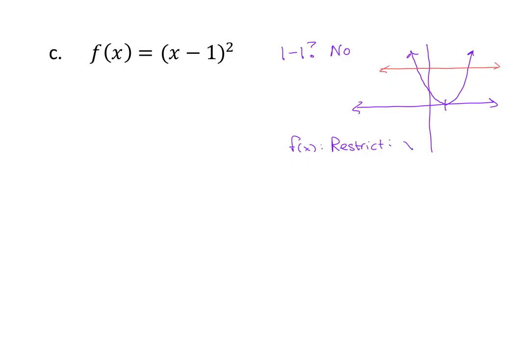So I'm going to say x is greater than or equal to 1. Visually, this gets rid of this side of my parabola, and now it is 1 to 1. Since it is 1 to 1, we can go ahead and continue.